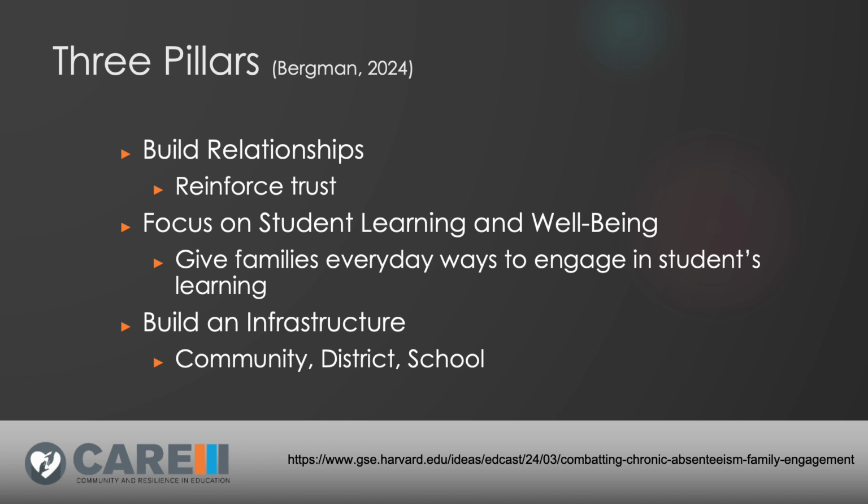The second pillar was focusing on student learning and well-being. So again, we have that one common goal, which is to help the child succeed. And then building an infrastructure to support attendance. And again, this needs to be done at multiple levels, and we can enlist the help of our community partners to do so.